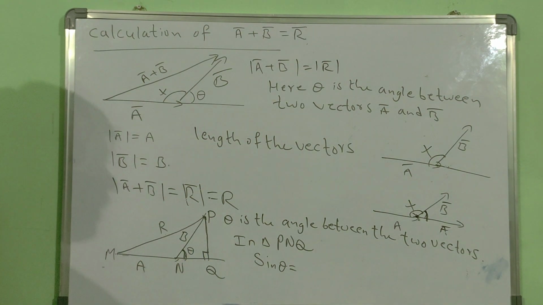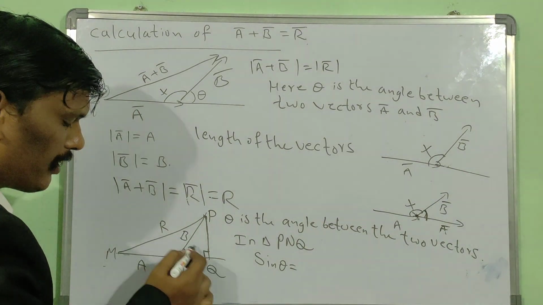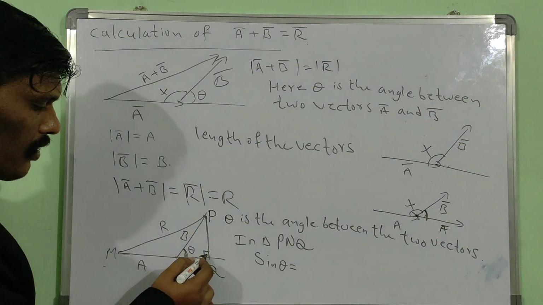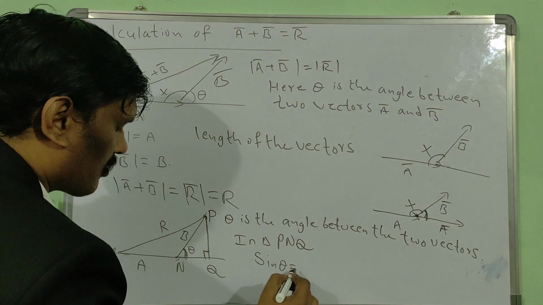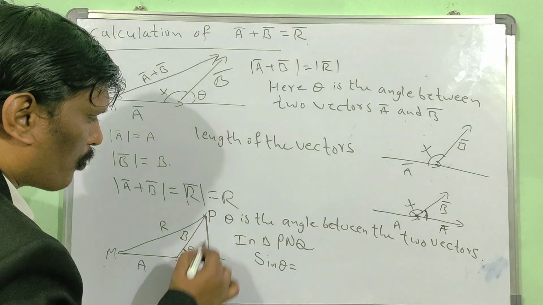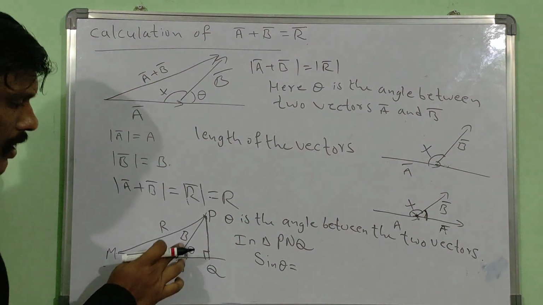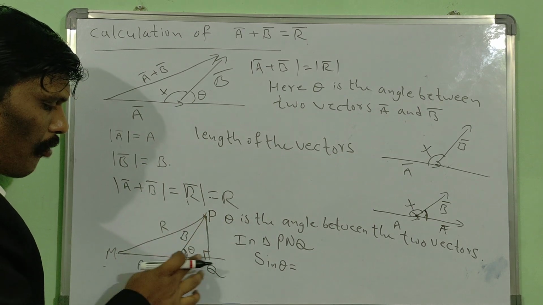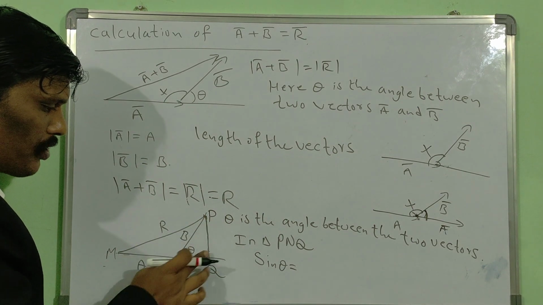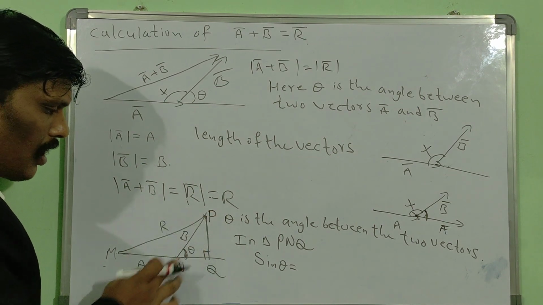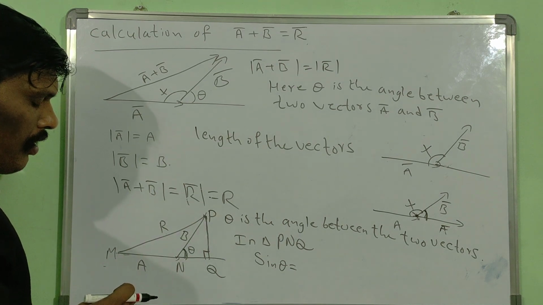In the triangle PNQ, this is the side opposite to the 90 degrees. That's why this is the hypotenuse. Generally we call the side opposite to 90 degrees the hypotenuse of a triangle.